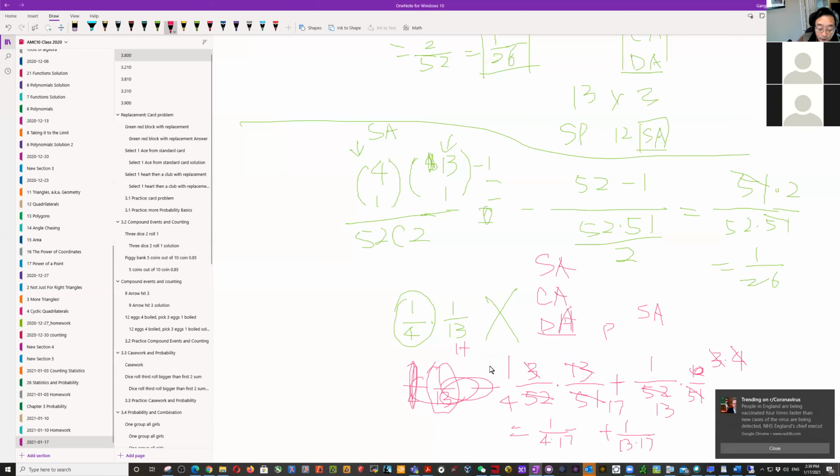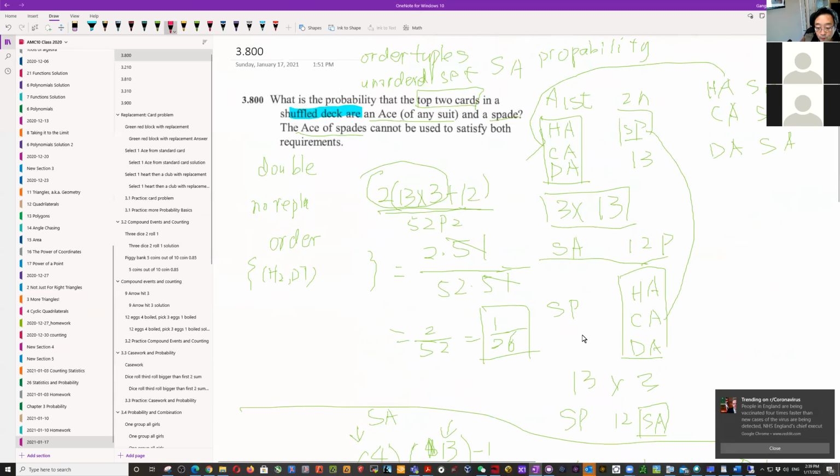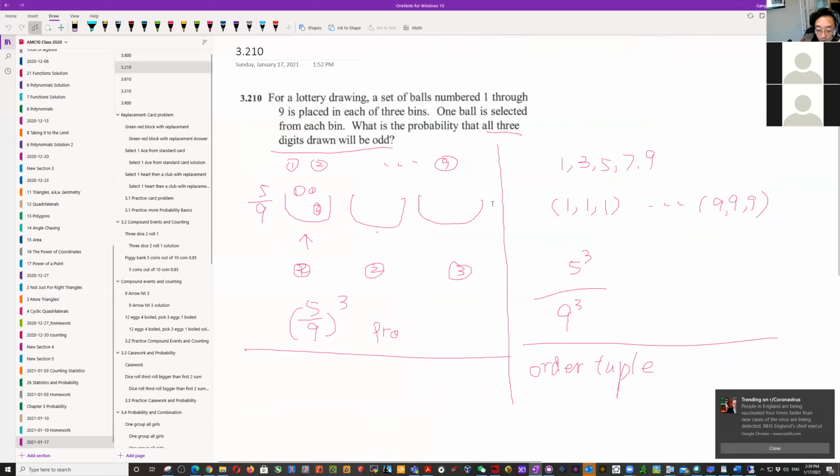So I haven't really figured out how to do this just the probability way, but sometimes I just find counting is a little bit more intuitive. So I'm going to figure out how to do that, the counting way or the probability way, later on. So this is 3 to 1.